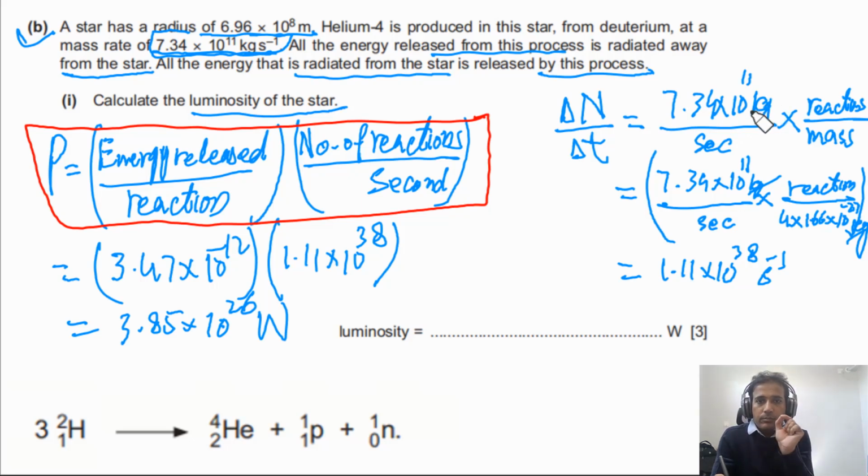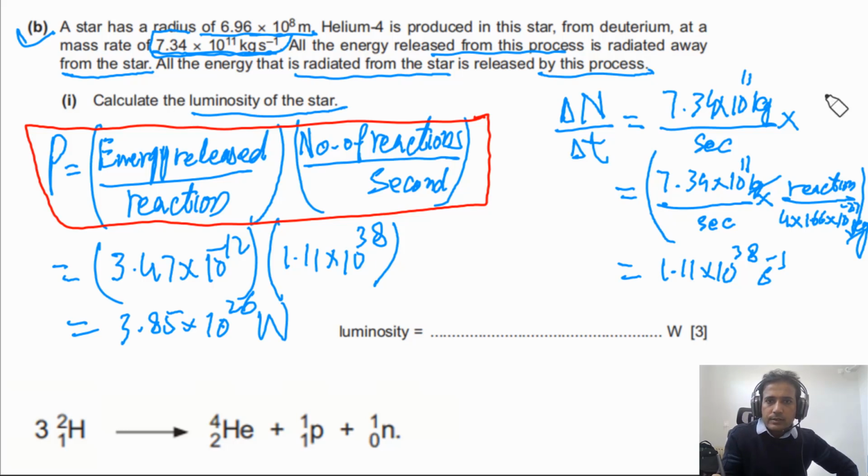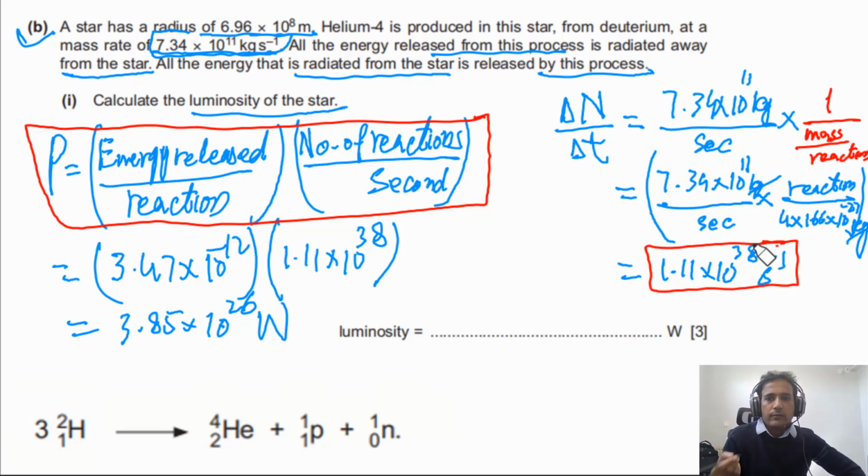We have mass per second, how many kgs are released in 1 second, and the mass released in one reaction. You can also say this is 1 over mass per reaction, and if you understand it this way it is better. Then we get the number of reactions per second, multiply, and we can find the answer. So the approach you need to understand.